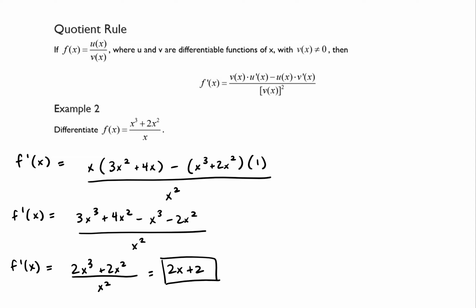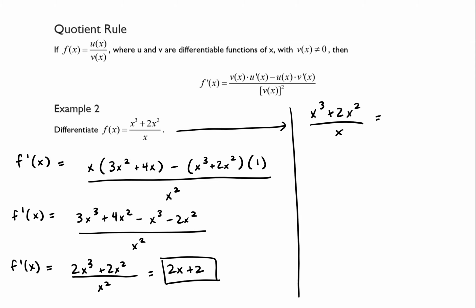The way that we can do that is to notice that both of these terms have an x in them, so we can divide to begin with. If we rewrite this from the beginning, x cubed plus 2x squared over x, I could factor out an x in the numerator, and the numerator and the denominator will divide out.